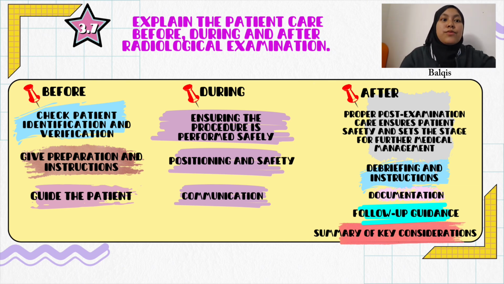So, the last step is after examination, radiographers. Proper post-examination care can ensure patient safety and set the stage for further medical management. And debriefing instruction: inform the patient when the procedure is complete and what to expect next.